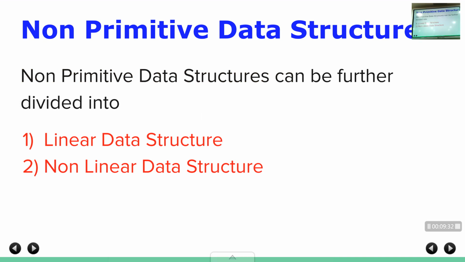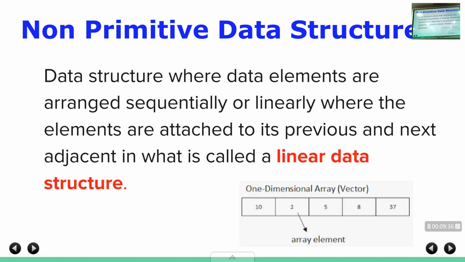So like I told you, there are two types. Now let's look at what a linear data structure is. A data structure where data elements are arranged sequentially or linearly, where the elements are attached to their previous and next adjacent elements, is called a linear data structure. What do I mean by that?